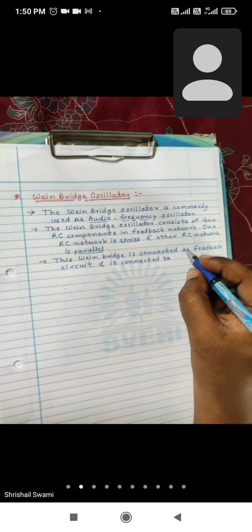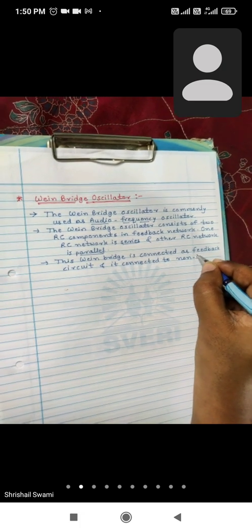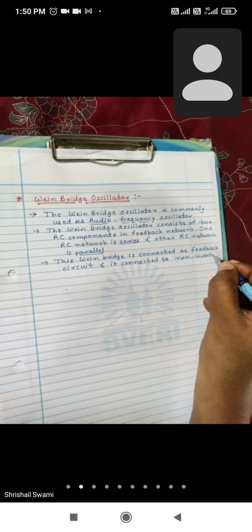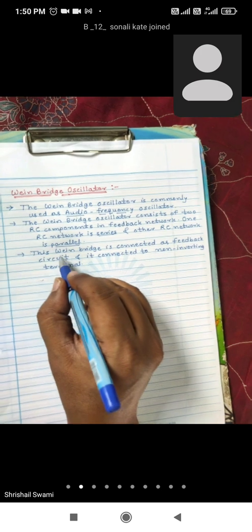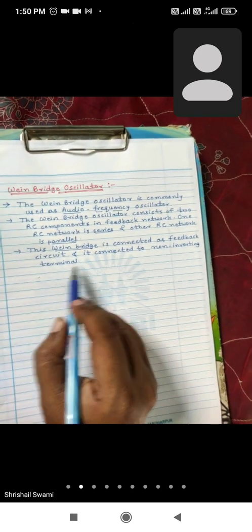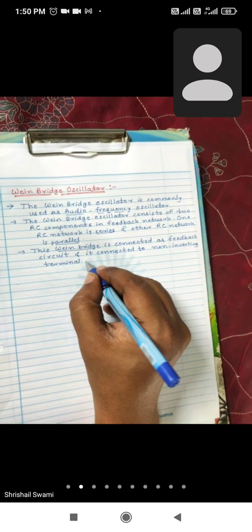It is connected to the non-inverting terminal of the op-amp. Means the output of this Wien bridge is connected to the non-inverting terminal of the op-amp. So we can try to understand the circuit diagram.